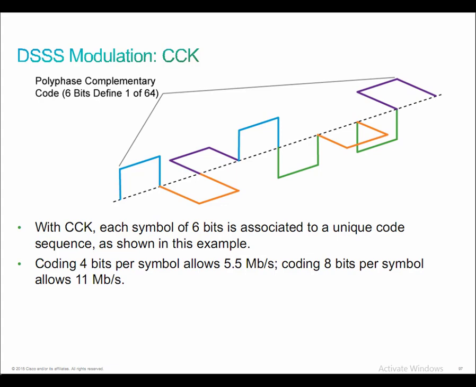Besides a shorter chipping sequence, we also have more chipping sequences to encode more bits. So 4 chipping sequences, like I said, at 5.5 megabits per second, 8 chipping sequences at 11 megabits per second. That's going to increase the data rate up to 11 megabits per second. All right.